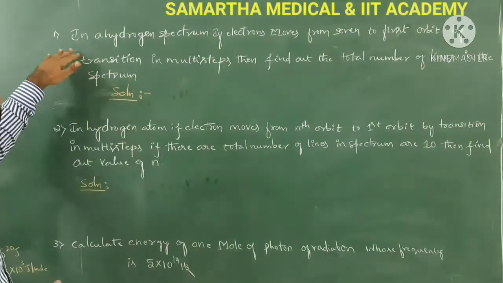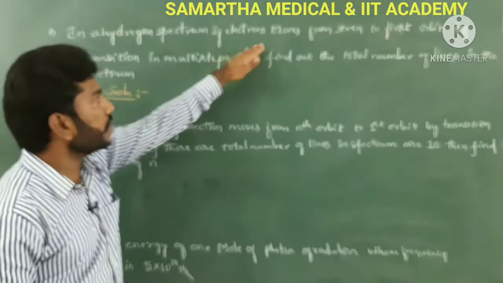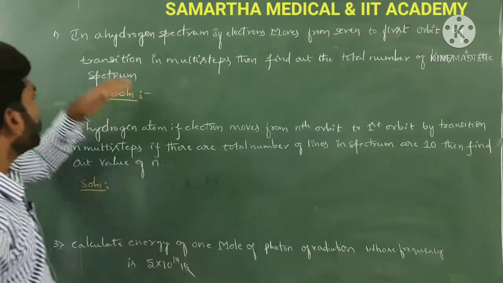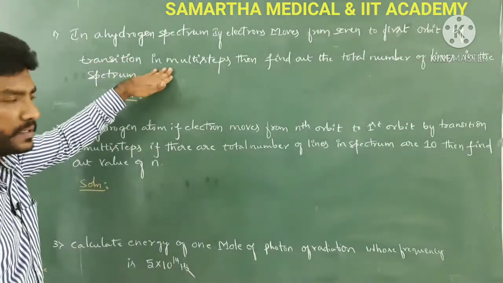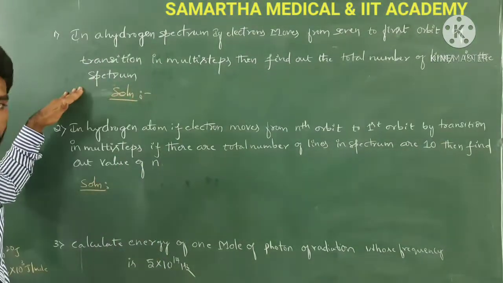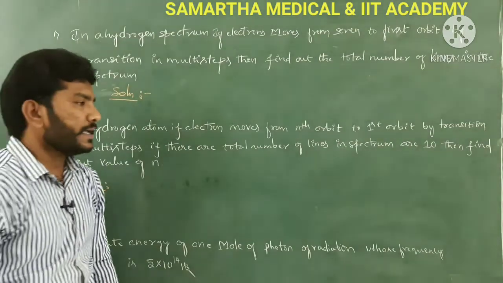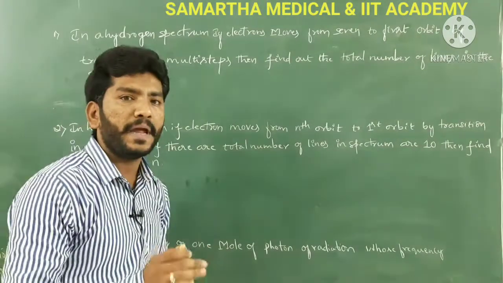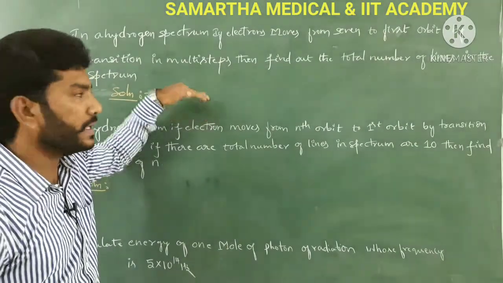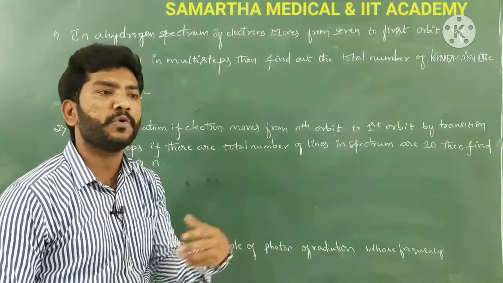The problem is like this: in a hydrogen spectrum, if an electron moves from the 7th orbit to the 1st orbit by transition in multiple steps, then find out the total number of lines in the spectrum. What we are going to calculate is, for an electron that has made a transition from the 7th orbit to the 1st orbit, how many spectral lines would we get?